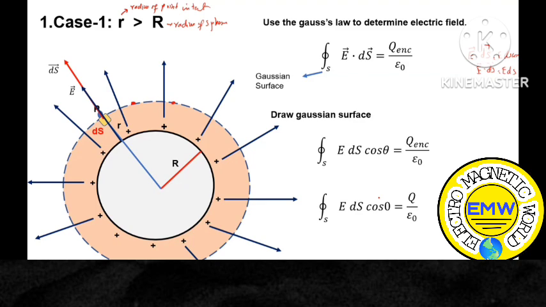So E is equal to Q divided by 4 pi epsilon naught r square. This is the formula to find the electrical field intensity when r is greater than the capital R. If the radius of a point of interest is higher than the radius of a sphere, then you can use this formula.